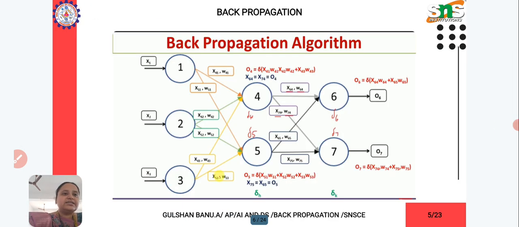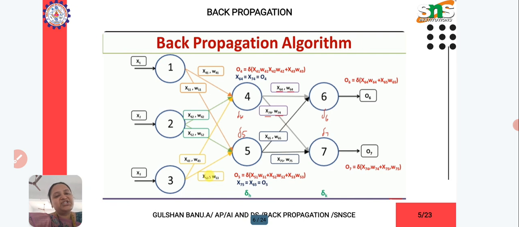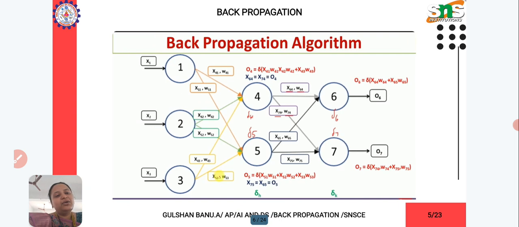Now in this, you will be calculating the input value, the weight and then the bias. For each input, say for example, when you calculate the input of 4, you will calculate input into weight value, that is x_41, w_41. Next you will calculate x_51, w_51, with the different values.